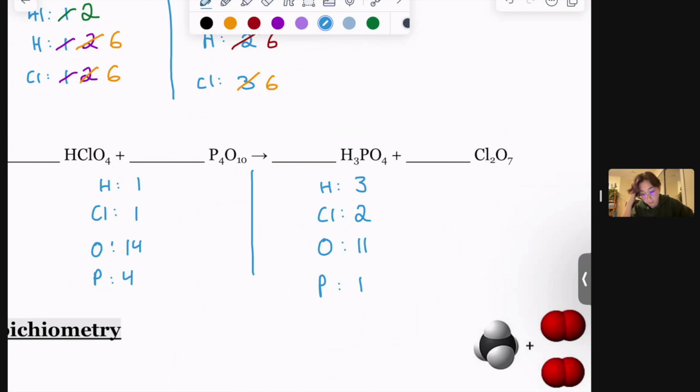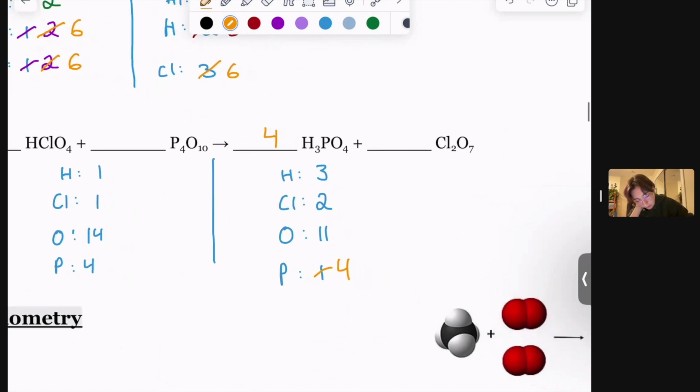So again, it's gonna probably be a lot of back and forth just because that's how it'd be. So you just pick one and try it, and it's gonna just keep going back and forth. Let's start at the bottom this time. Phosphorus, 4 and 1. If I want to get 4 on this side, I'm gonna have to put a 4 here. That's going to change my phosphorus to 4.